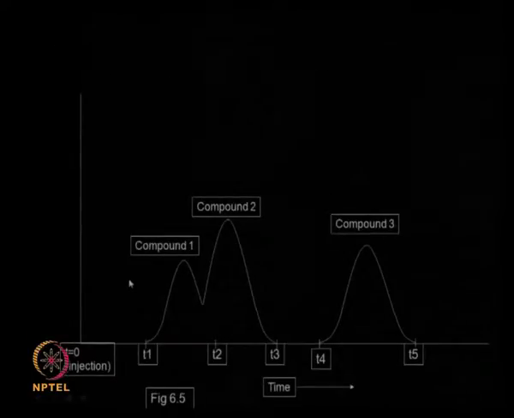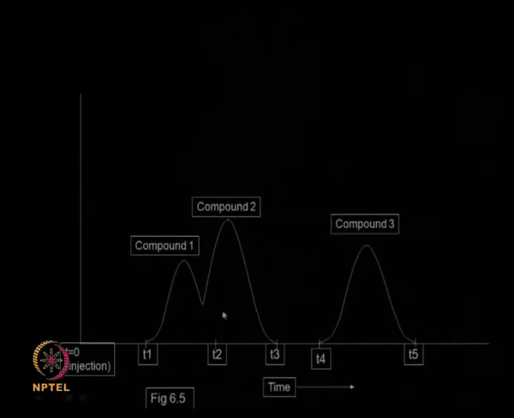So if you have many proteins or many components, you may have a response like that. So this one comes out first, followed by this one, and then finally followed by this one. So this particular compound takes much longer time than compound 1 and compound 2. If you look at this chromatogram, you see compound 3 is nicely resolved, whereas compound 1 and compound 2 are not.